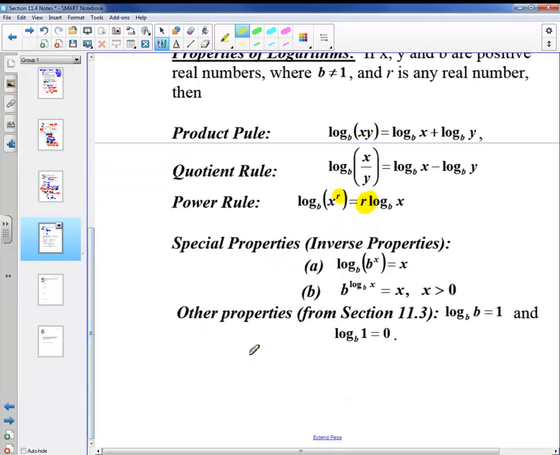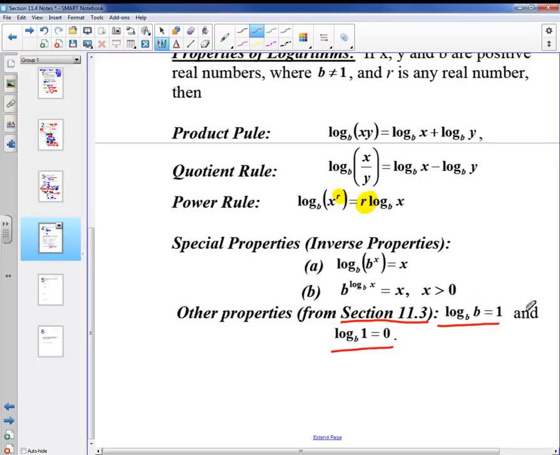Then you have the inverse properties. Log base b of b to the x gives you the exponent, log equals exponent, or b raised to a log of the same base, it gives you x. And then these ones are the ones from section 11.3. Don't forget about those two.